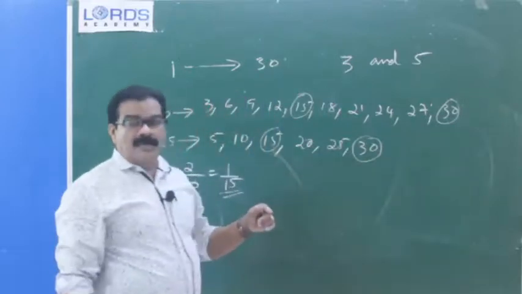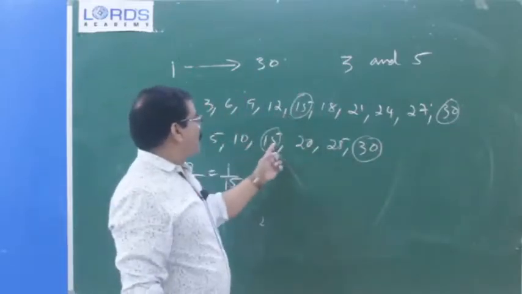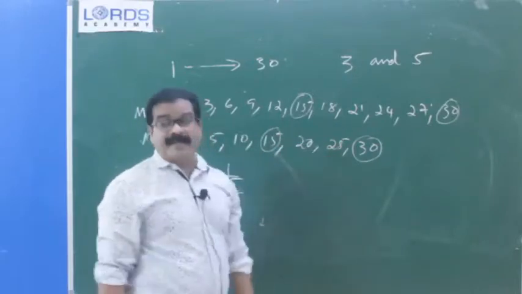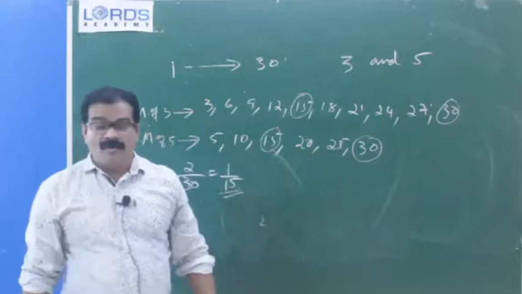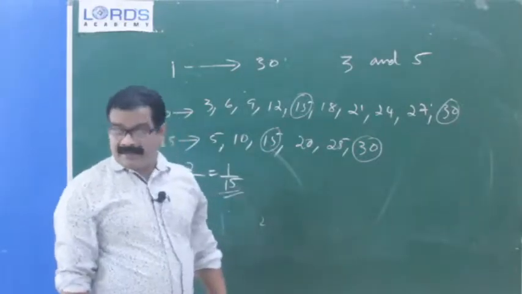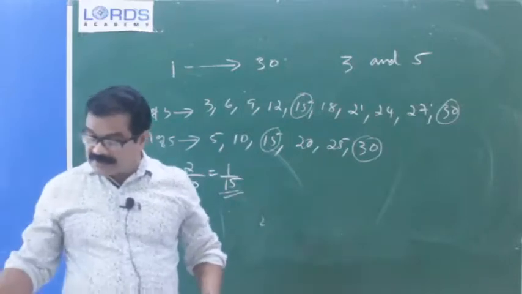Then for multiples of 5, don't repeat the common ones. How many are left? 1, 2, 3, 4. 10 plus 4, 14. Number of favorable cases is 14. 14 by 30 is equal to 7 by 15.